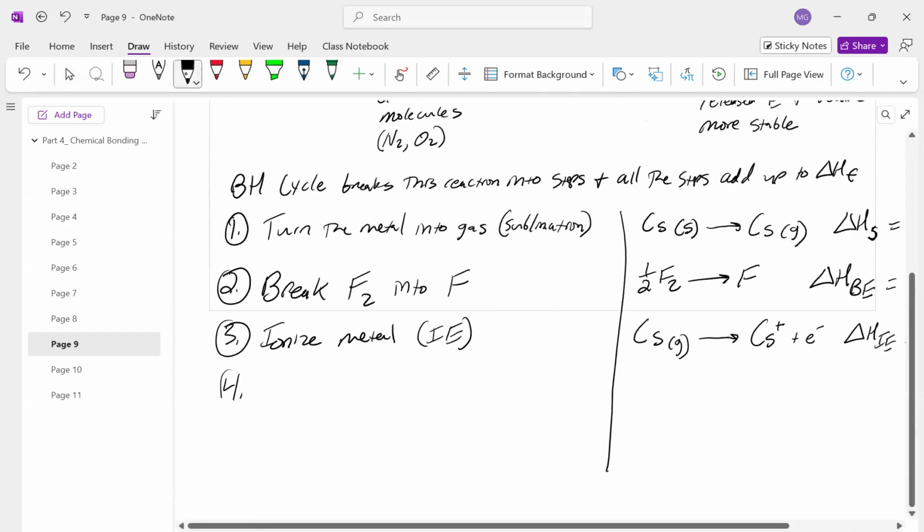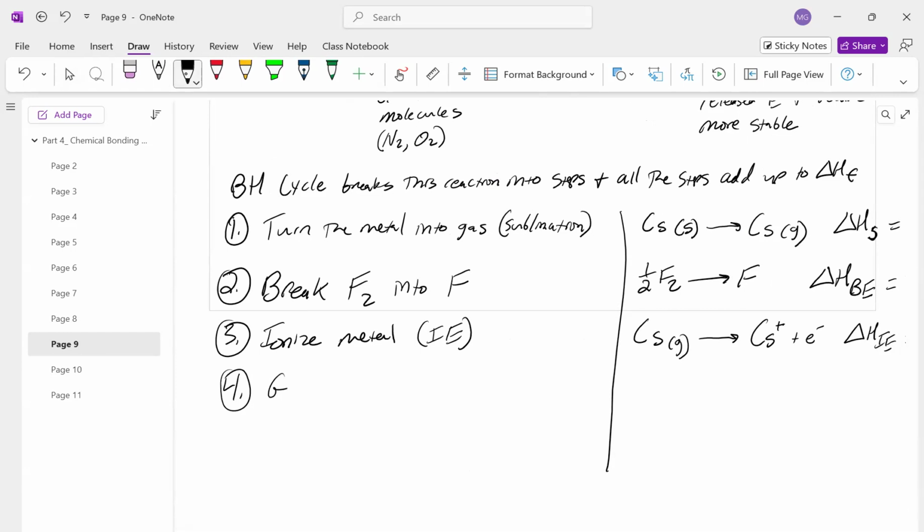Now, I did this for cesium, I made it an ion. How do I do this for fluorine? Well, I've got to give the nonmetal its electrons. Remember electron affinity?